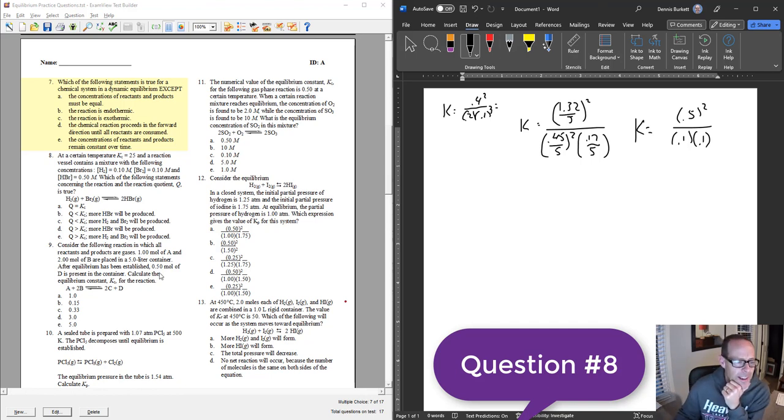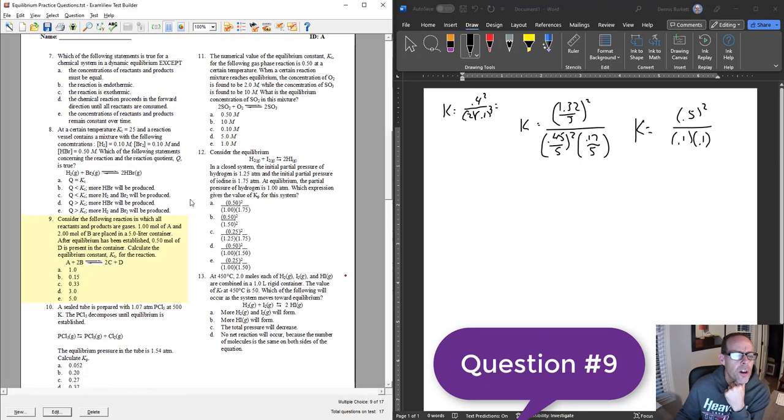All right, so number 9, consider the following reaction, in which all reactants and products are gases. That's fine. It looks like this will probably be an ice table type problem. So if I come back over here, I've got 1 mole of A, 2 moles of B, and none and none.